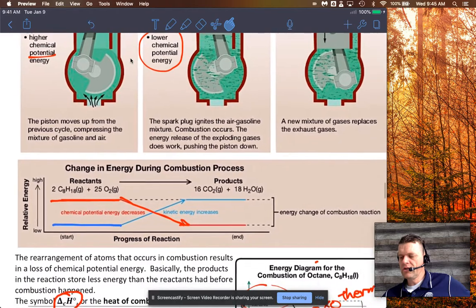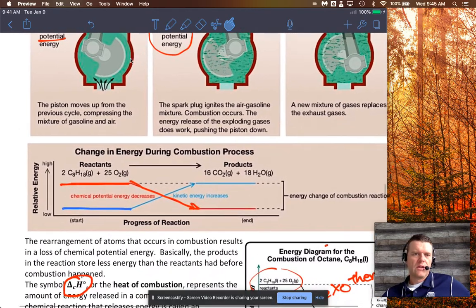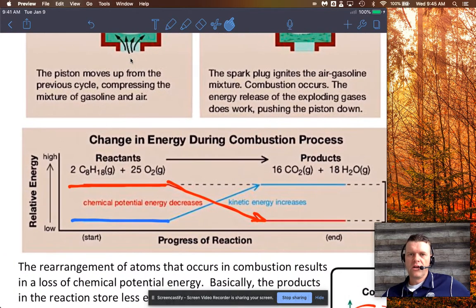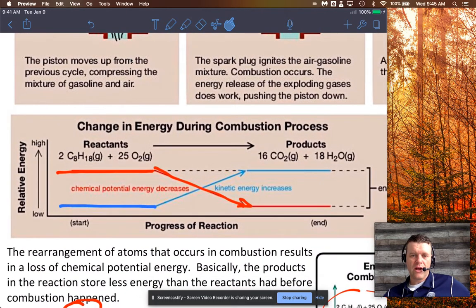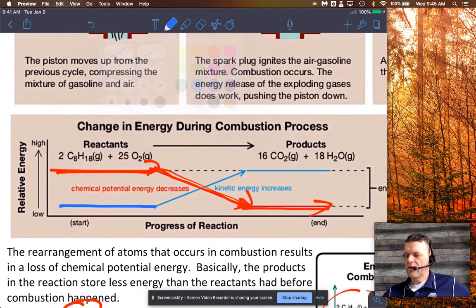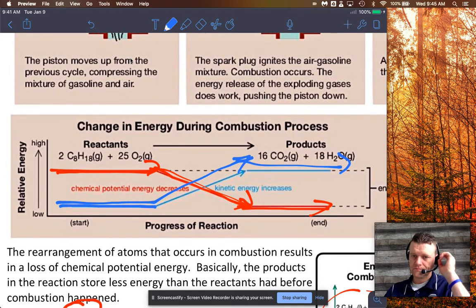So this is the process right here. This change in energy during combustion: you start with high potential energy, and that drops down to low potential energy. You see that there in red, you go from high down to low. For the kinetic energy, you start low and then it goes high because you now produce kinetic energy, or an increase in the temperature.